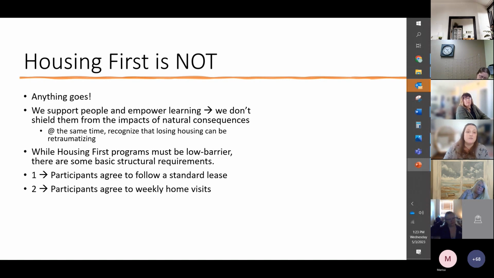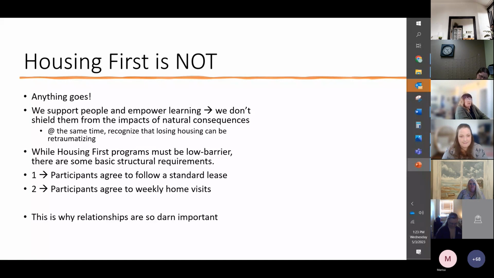There could be a very natural consequence to that behavior of them getting evicted. So it's our job to, first of all, not judge them for that behavior, because judgment's going to get us nowhere. It's to leverage our relationship with them to help them understand how that could impact their housing, and then find ways we can use harm reduction to have that not impact their housing. Maybe if you're going to sell drugs, sell it super far away from your apartment. I mean, super far away from your apartment. Something that we talk about a lot.